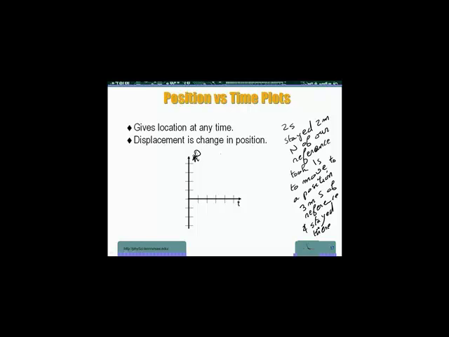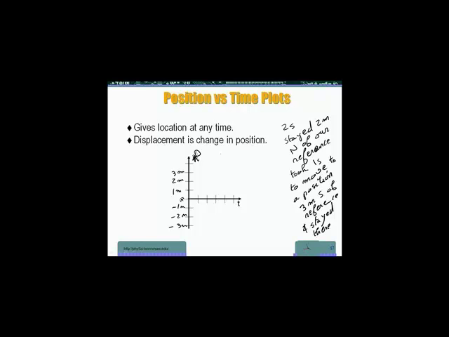Now, if we use these ticks as meters, so this is 1 meter, this is 2 meters, 3 meters, and minus 1 meter, minus 2 meters, minus 3 meters. We set this as our origin, which is our reference point.